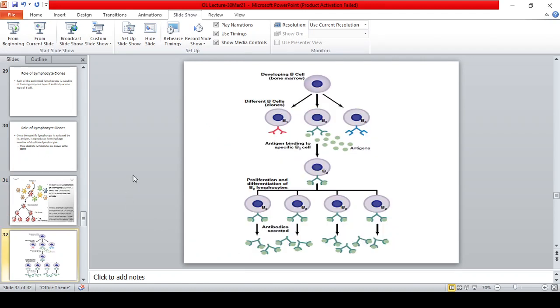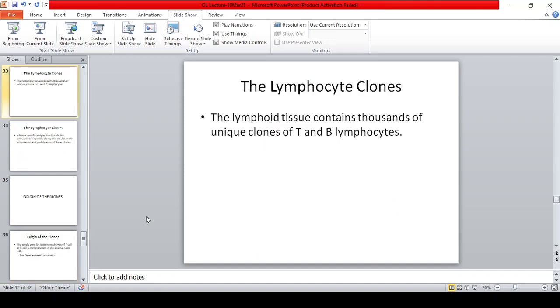So here again you can see three different B lymphocytes, B1, B2, B3, and then they are activated by a certain antigen, and B2 is activated, it is proliferated and differentiated, and it further forms the antibodies. So all this process is known as the cloning of the lymphocytes.